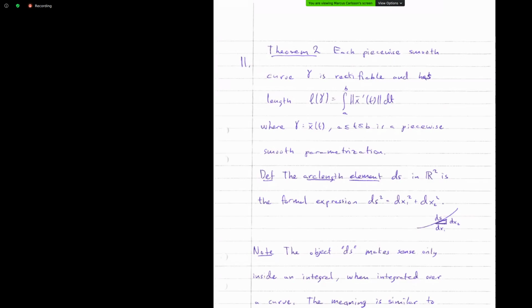Because this derivation, set x1 of t equals t, x2 of t equals f, is not hard at all. And then you plug it into this formula, you get this one out. And that's how, instead of memorizing it, you just remember how to derive it from something natural. This is my recommendation. A question. Yes.